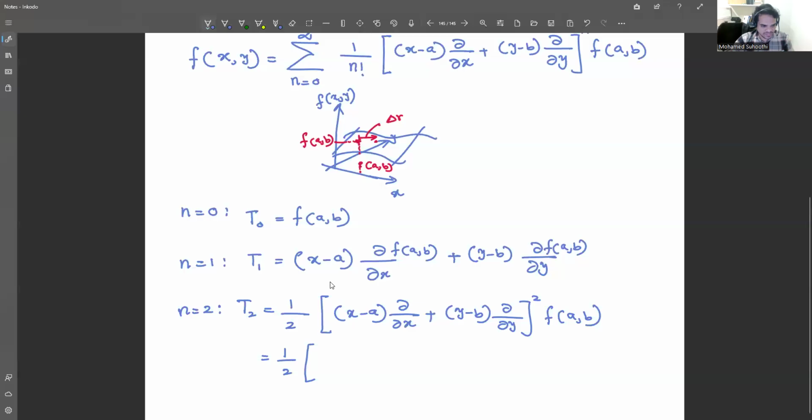So first squared: (x minus a) squared dou 2 over dou x squared, then I can take f of (a, b) inside.